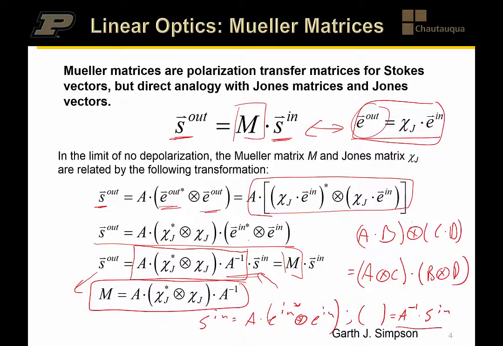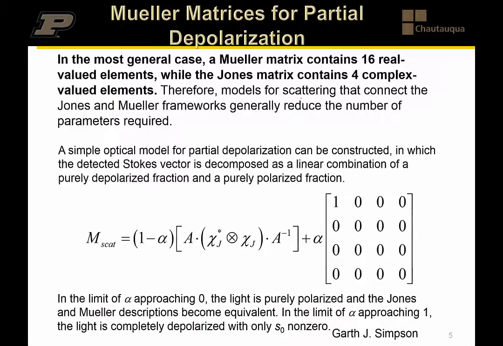There can also be depolarizing contributions that cannot be recovered from the Jones matrix approach. So how do we handle those? Well, if we think about the simplest possible way to treat something that is partially depolarized in the generation of a Mueller matrix, we can think of it as first starting out with the purely polarized component given by what's inside these brackets, and then an additional purely unpolarized component.